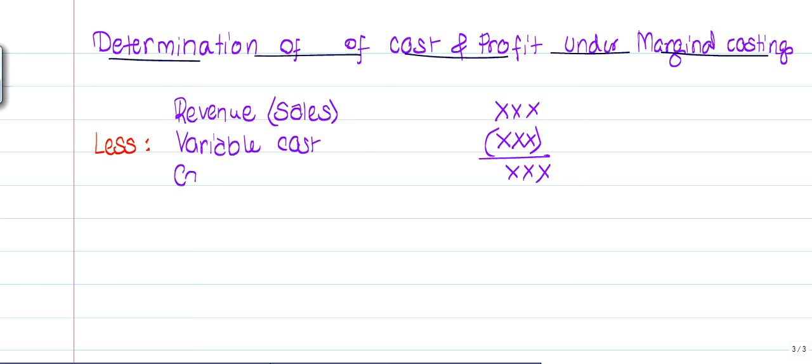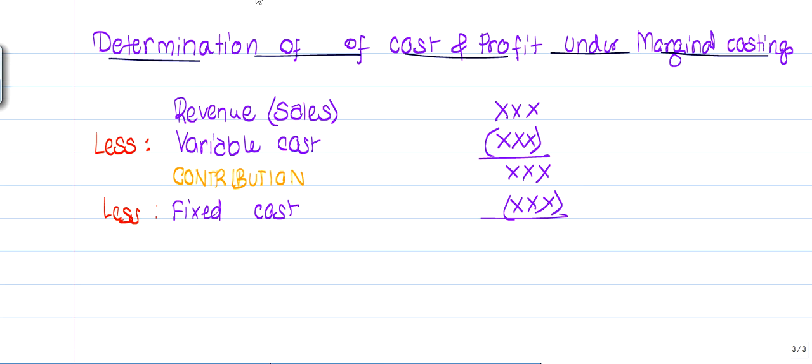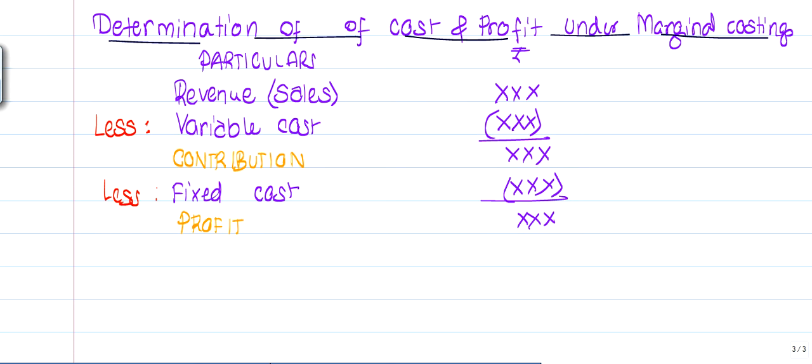You will arrive at contribution. Then if you deduct fixed cost, you will get profit. This is in rupees, and this is the particulars. This is a simple format. You need to understand it.